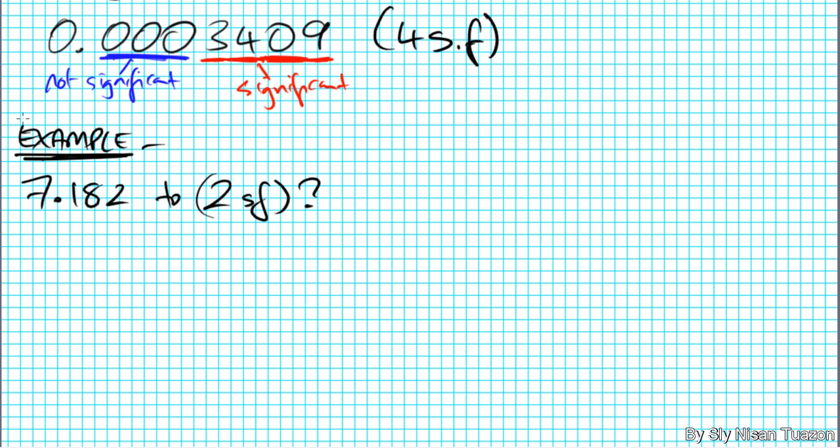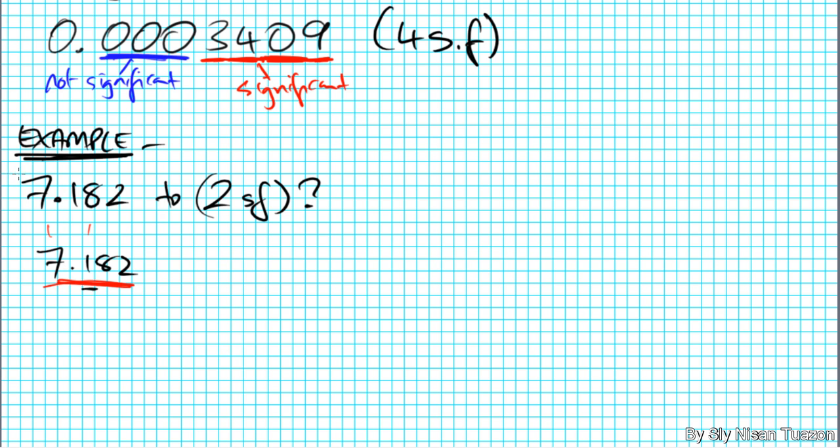Well, if we look at 7.182, they're currently all significant figures. I want it to be only 2 significant figures, so it's going to be 7 point something. I'm going to cut it off here.